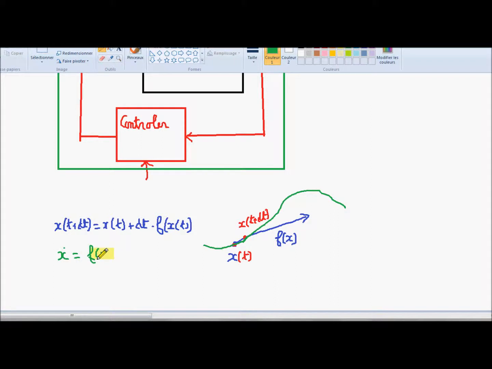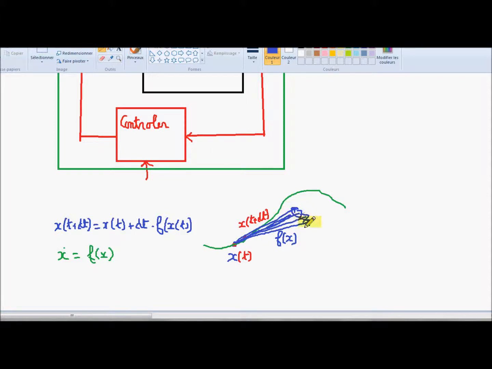Now, what happens in practice is that I do not have a single f of x, but different possible f of x. So if I take all of them, I will obtain something like this, and I will obtain a set of possible f of x.